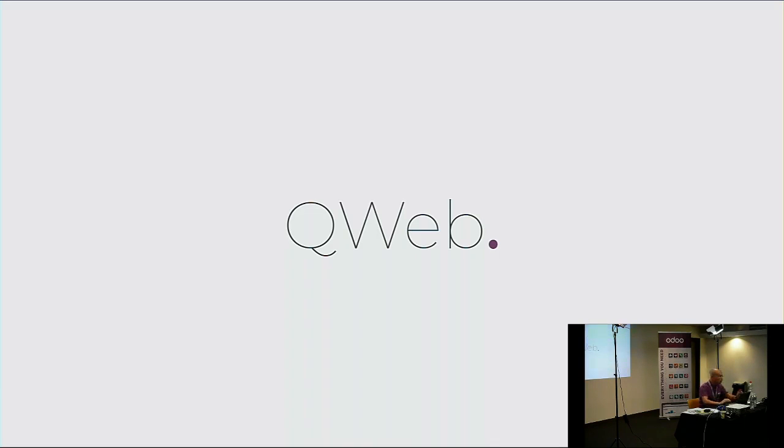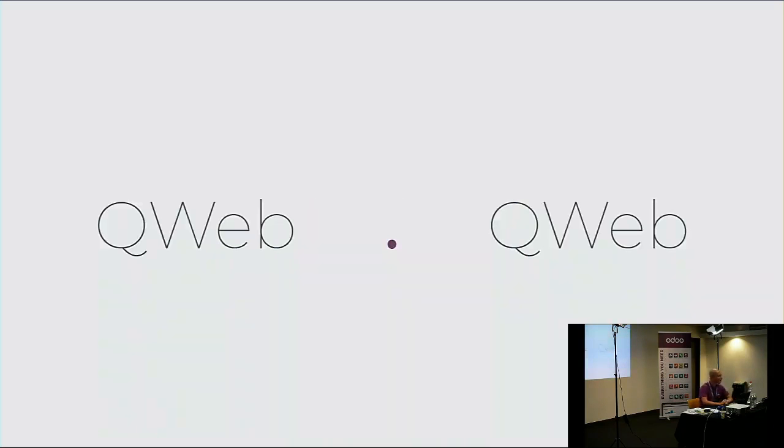When you are beginning in Odoo, there is maybe sometimes a source of confusion, because you might think, okay, I know QWeb. But no, you don't know QWeb. It's not possible, because there is not only one QWeb. In fact, there are two QWebs. And this knowledge, my friend, is very useful.